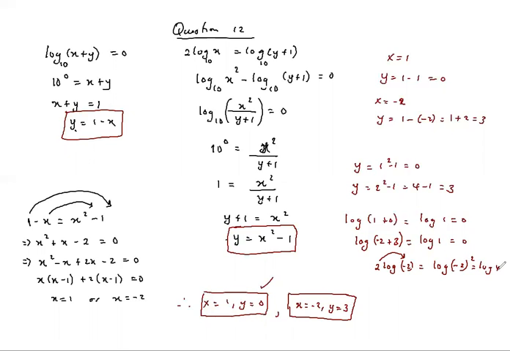So we have log 4 = log(3 + 1), which is log 4. So again, this one is satisfied also. So we tick, and these are our solution sets.